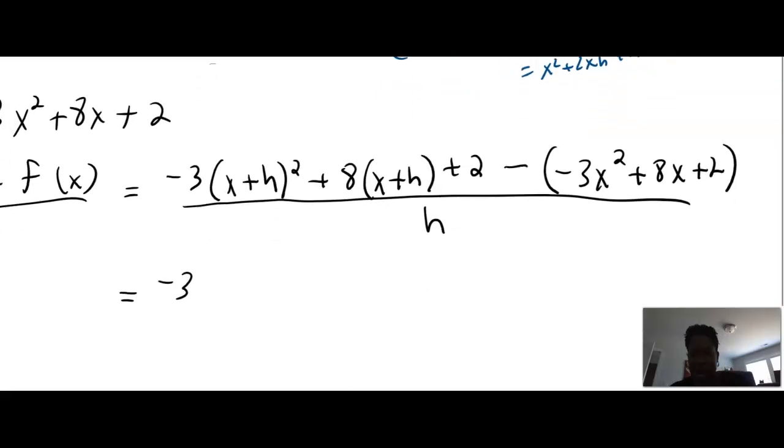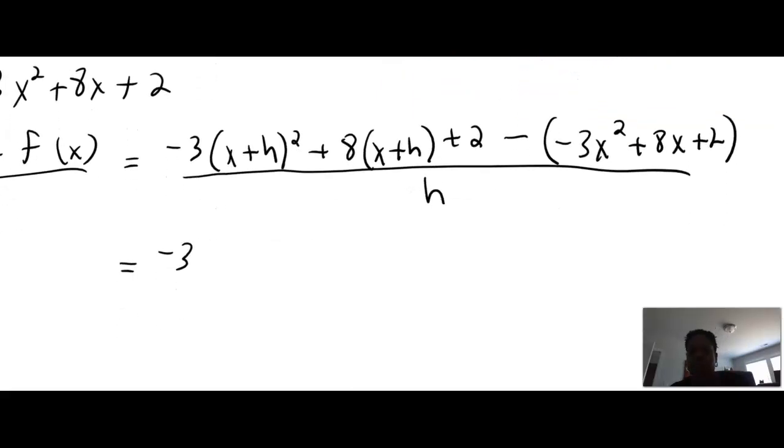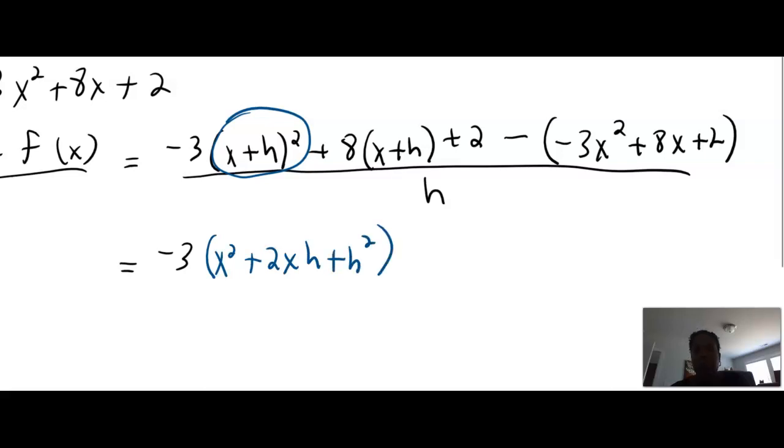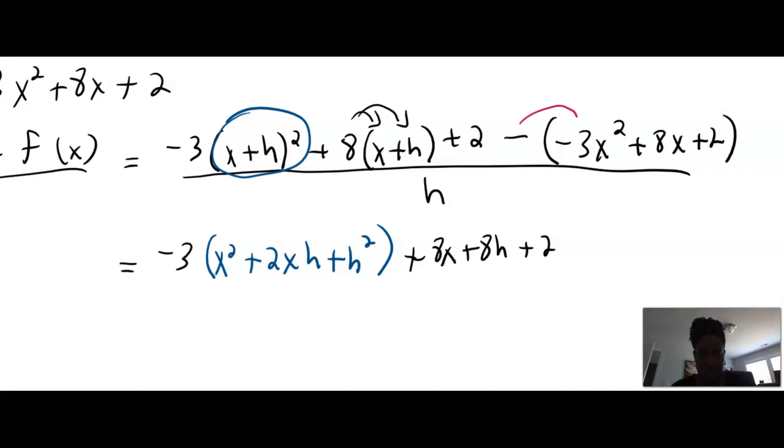So now we're going to take that and come back down and use that in place of this. So we have negative 3 times x squared plus 2xh plus h squared plus, we can distribute 8 times x is 8x, 8 times h is 8h, keep our plus 2, and we need to do some more distributing because we're subtracting, so we're distributing this negative.